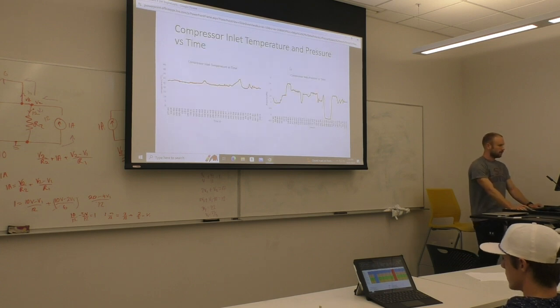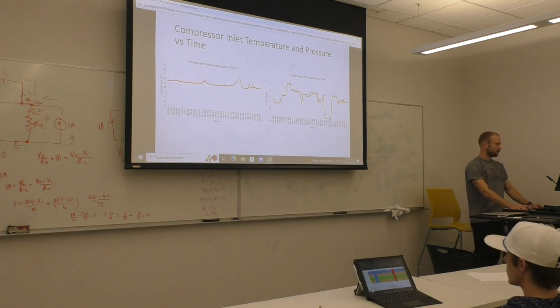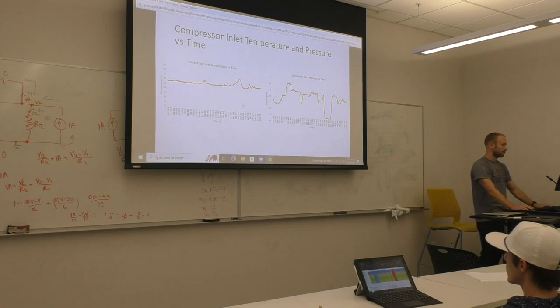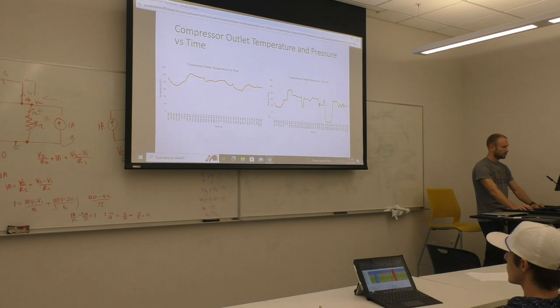State 1 of the jet engine is the compressor inlet. On the left is the compressor inlet temperature running throughout the experiment, and on the right is the compressor inlet pressure running throughout the experiment. State 2 is the compressor outlet, with temperature versus time on the left and pressure versus time on the right.